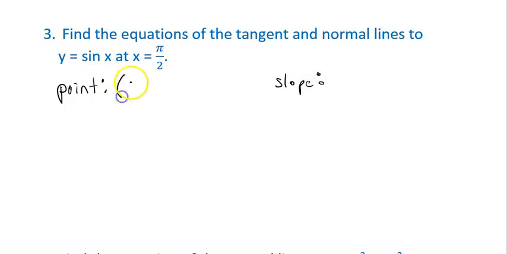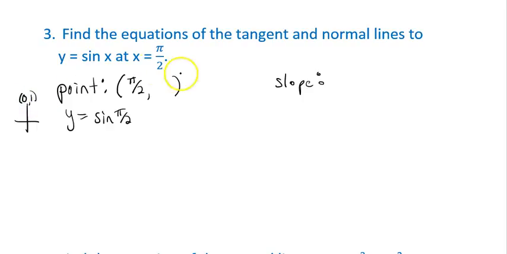So our point, they give us the x value of pi over 2, and so I need the y value. So the y will be the sine of pi over 2, and this is where your unit circle is going to come in. If you remember the unit circle, pi over 2 is up here at 90 degrees, the same thing. That point is 0, 1, and the sine is the y value. So the sine of pi over 2 is 1. So there's our point.